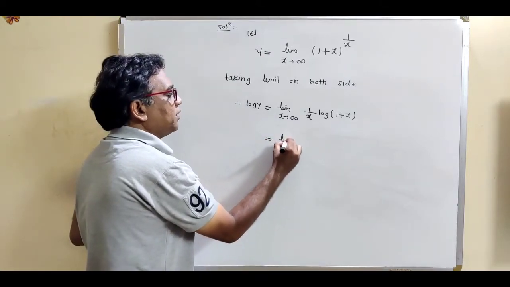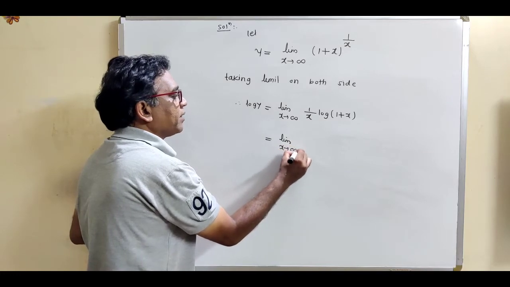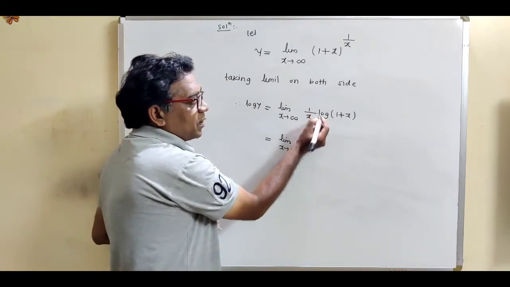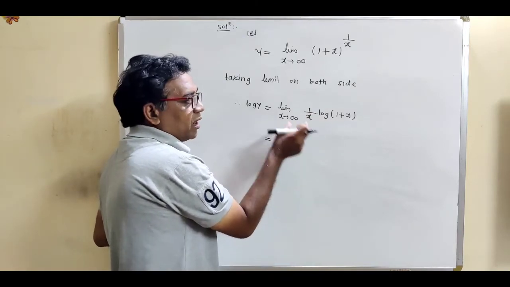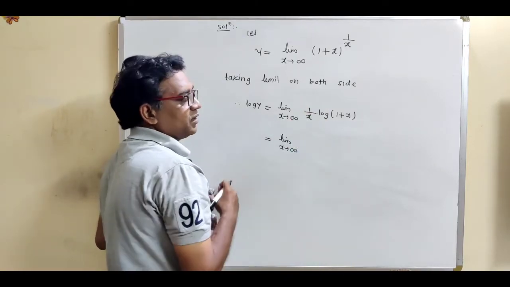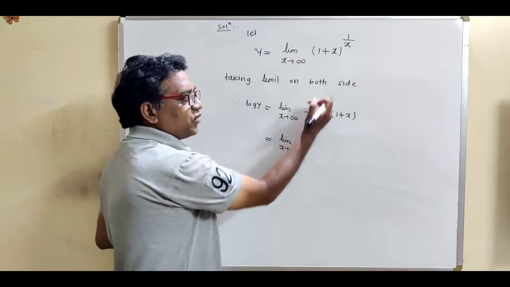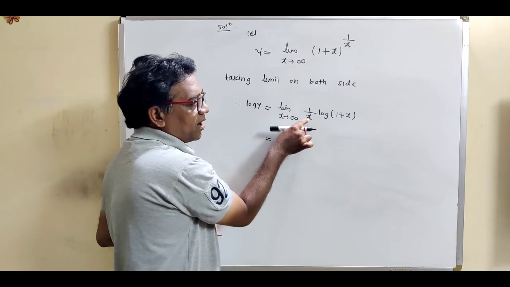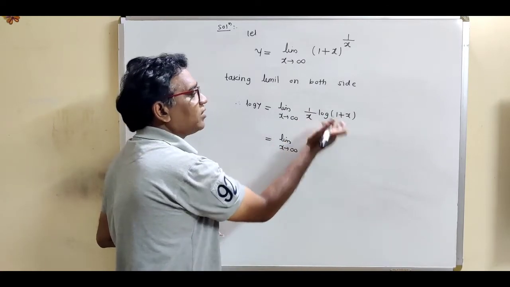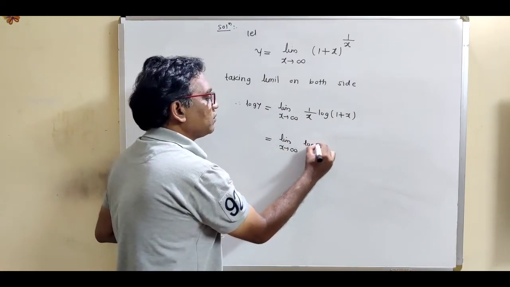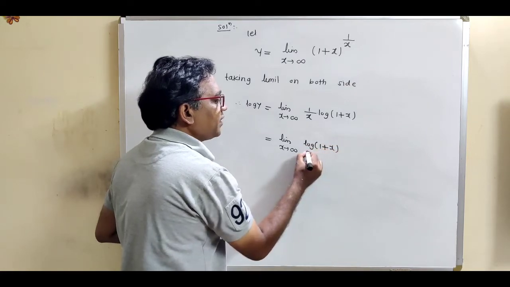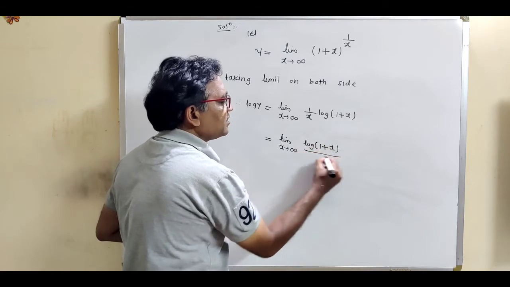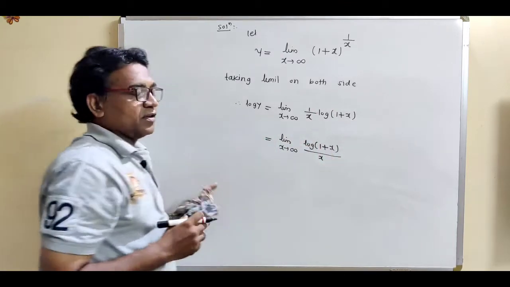This is equal to the limit as x tends to infinity. Now this is a product term, but if you observe it carefully, it is actually a division form: log of 1 plus x divided by x. Transferring the 1 upon x into the denominator, actually this is the division term.